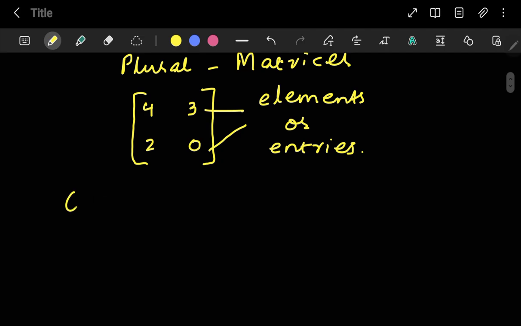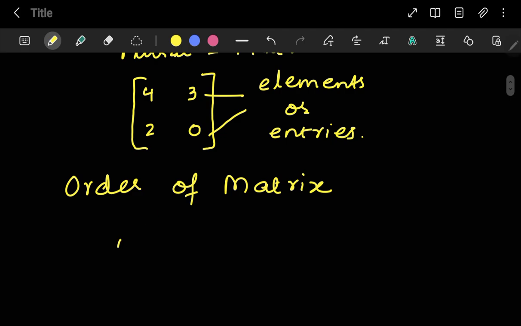Now, order of matrix. What is it? For example, if we have a matrix A, the numbers inside the matrix are 4, 3, 2, 0, 1, 6.